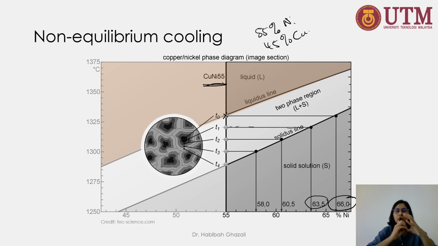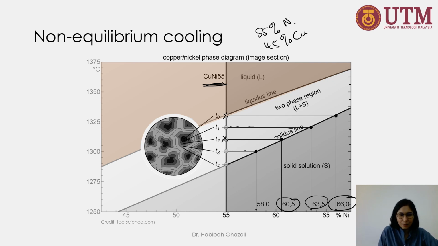If we allowed equilibrium cooling, which is a much slower rate, the atoms between these two regions would start to diffuse into each other. But because the cooling happens at a much faster rate, we stop this from happening. The third layer at this temperature will now have 60.5, and again diffusion of atoms cannot happen because of the much faster cooling rate.